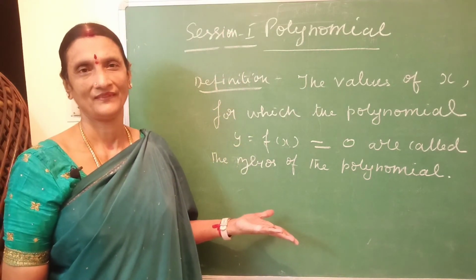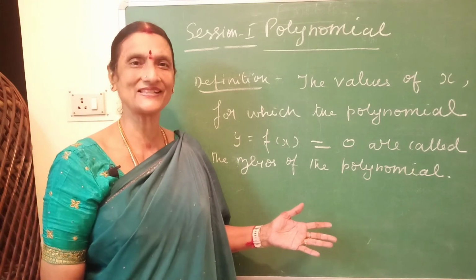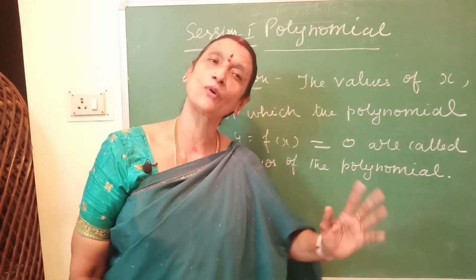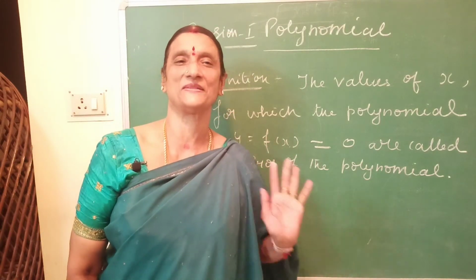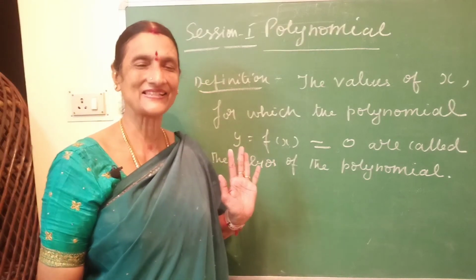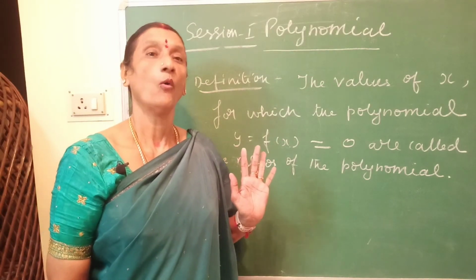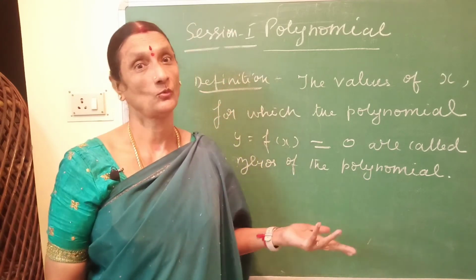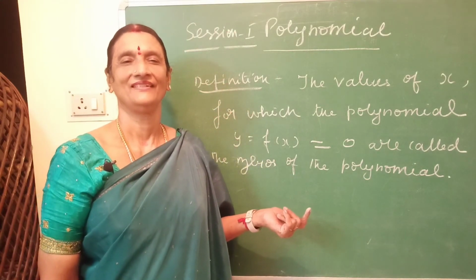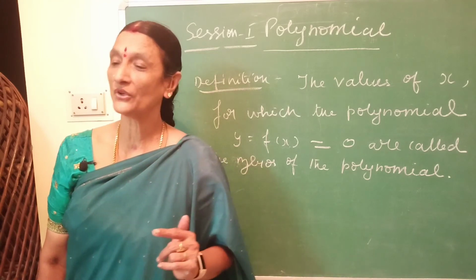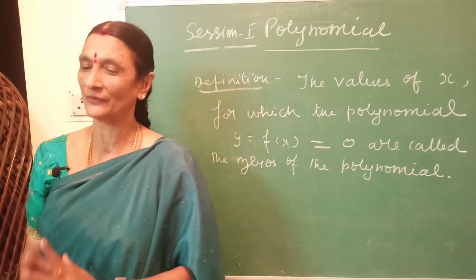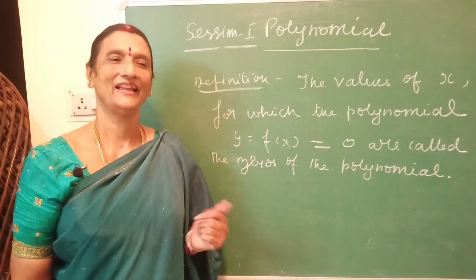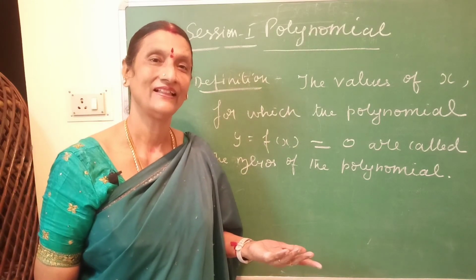Wonderful. Now, the next question is, give an example of a quadratic polynomial with only 2 terms. Yes. y is equal to 3x square minus 3. Wonderful. Now, I want you to give a cubic polynomial with only one term. Anybody is ready with the answer?